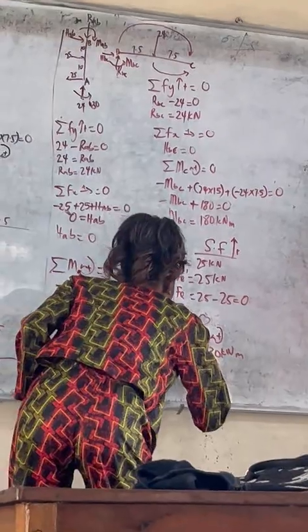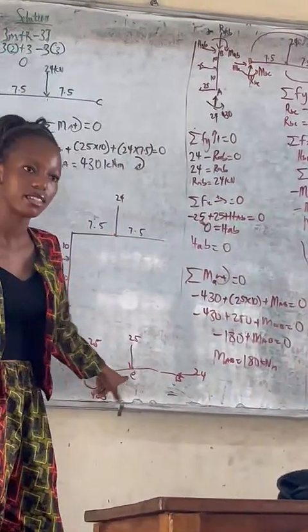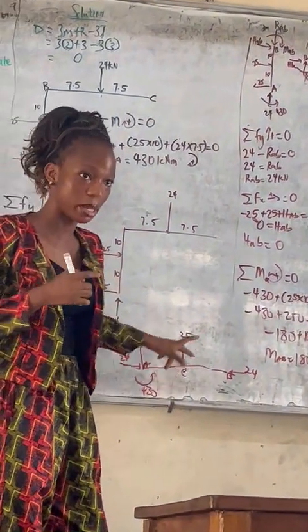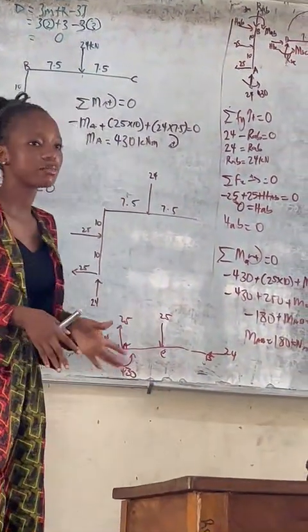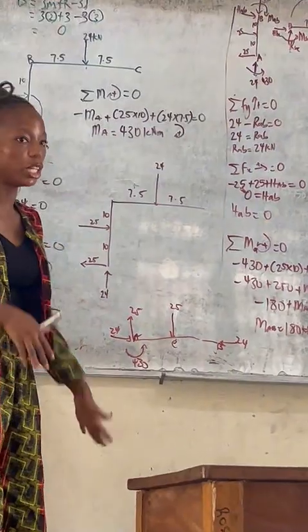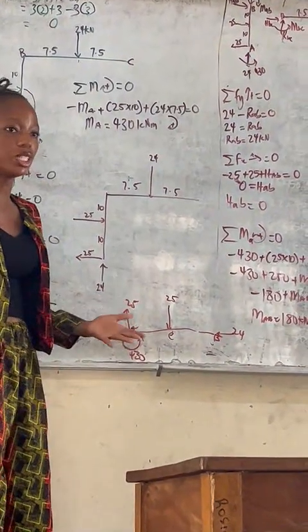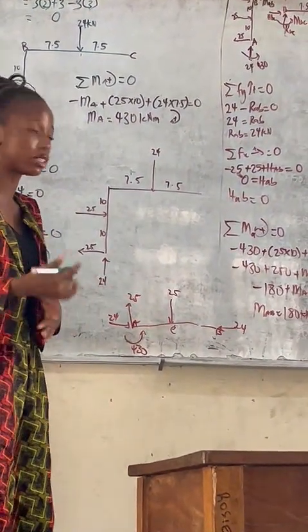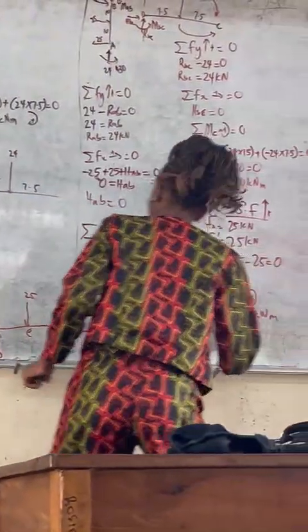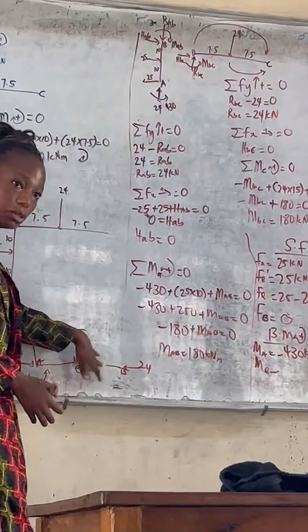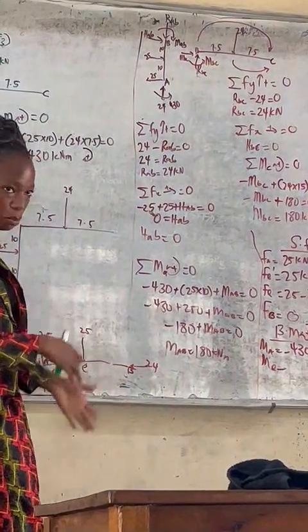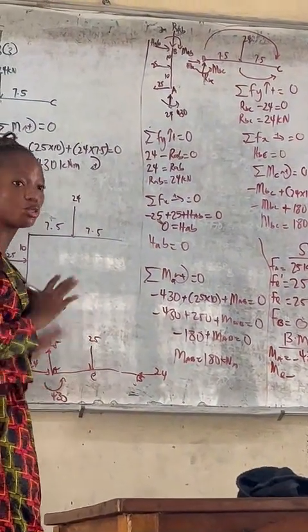Now, ME. We are taking E as the moment position this time around, so every other thing that we are doing has to affect it. We start with this first moment acting on the column. It's acting on it, so it's going to still act on it.